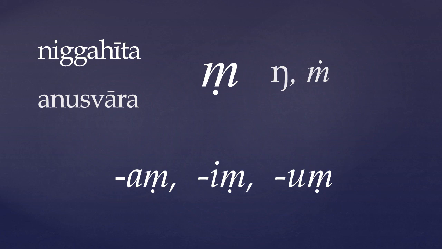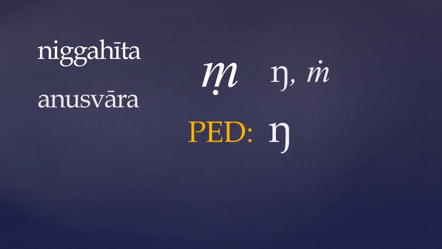Occasionally, however, they may appear within a word, in which case the niggahita only precedes a consonant, and this is where looking words up in dictionaries can become complicated. First, if you're searching the PED, the Dictionary of the Pāli Text Society, it uses an obscure old character for the niggahita.